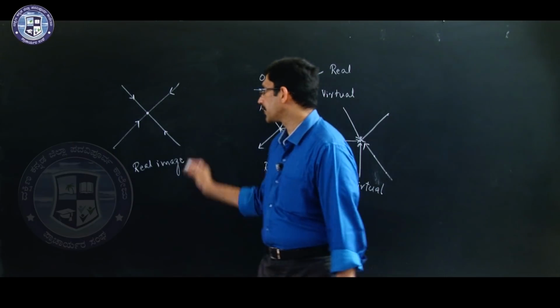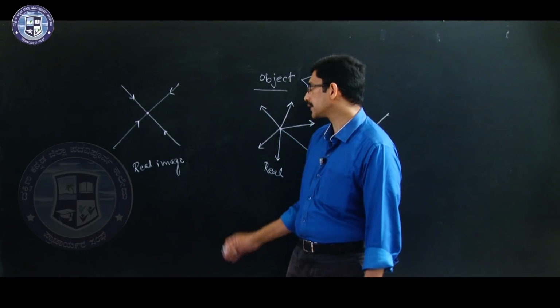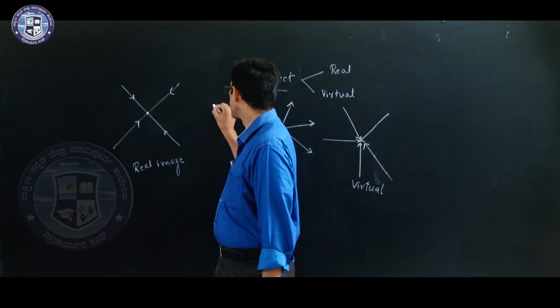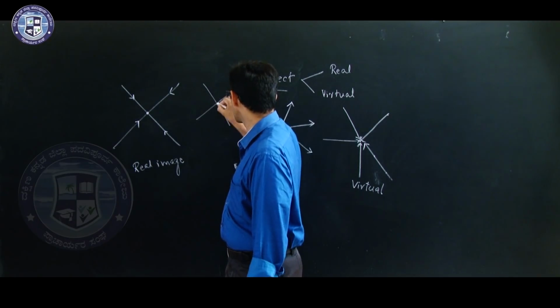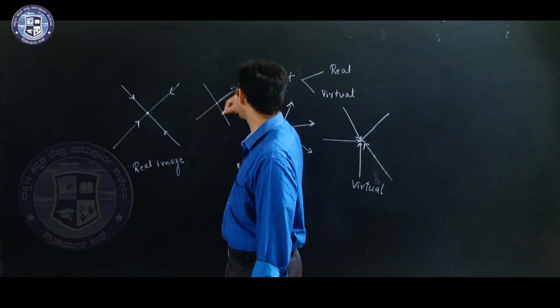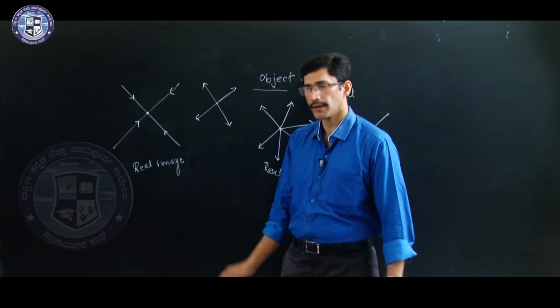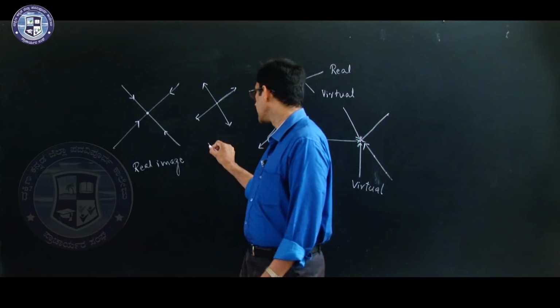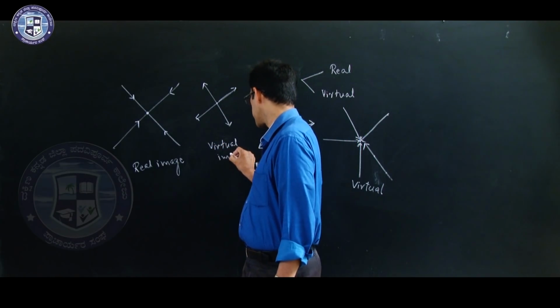If the rays after reflection or refraction meet at a point, then the image is said to be the real image. On the other side, if the rays after reflection or refraction diverge from a point, then the image is said to be the virtual image.